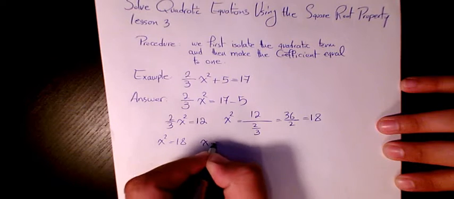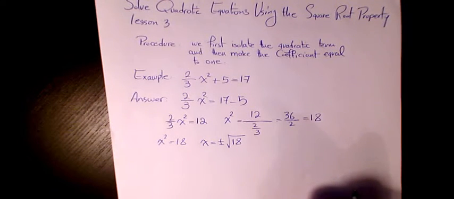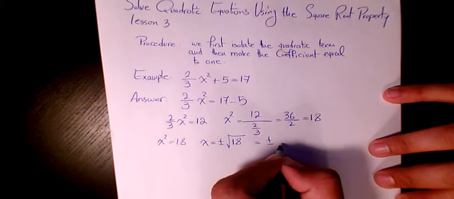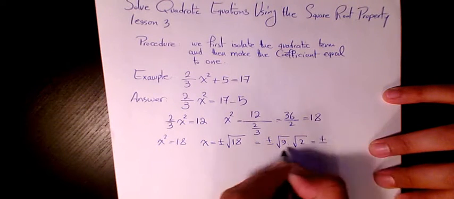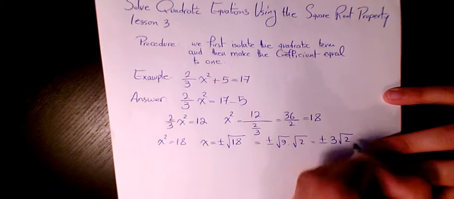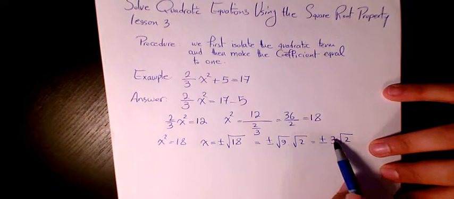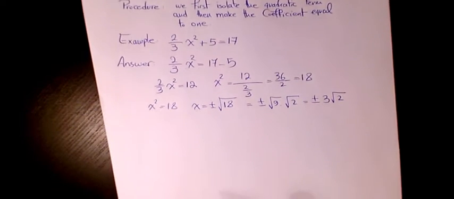So x will be plus or minus the square root of 18, which is 9 times 2, square root of 9 times square root of 2, which will be plus or minus 3 root 2. So there are two answers. One of them is plus 3 root 2, the other one is negative 3 root 2.